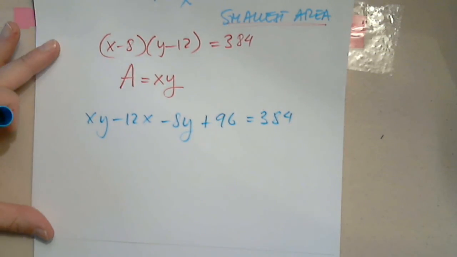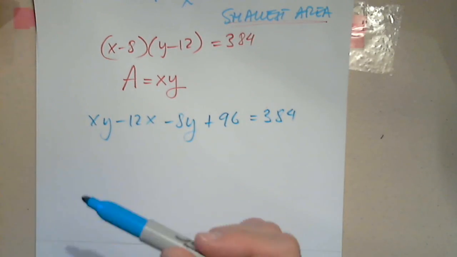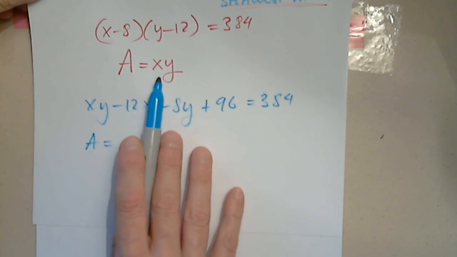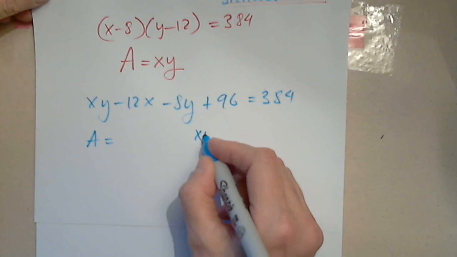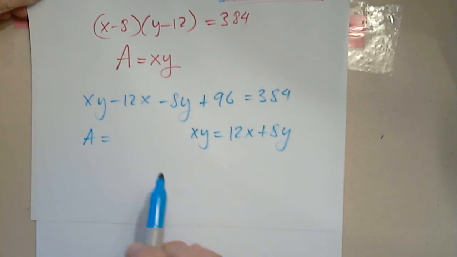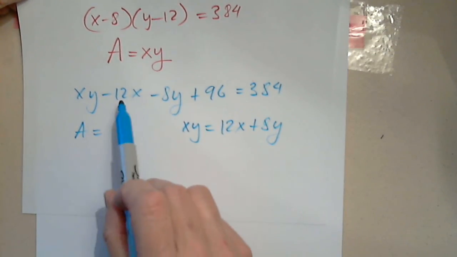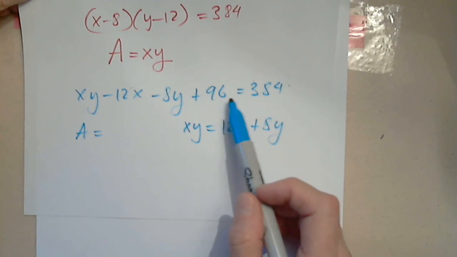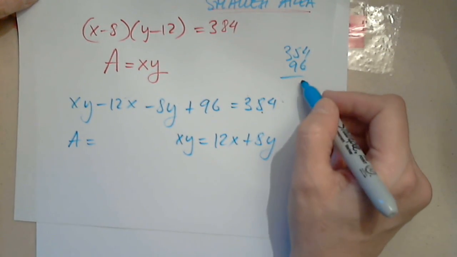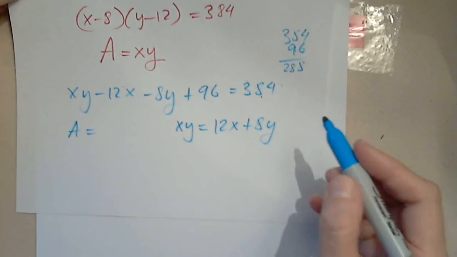And from here, let's see what we can do to get the function. So you could say, well, solve for x times y. I could. So x times y equals 12x plus 8y, and I moved these two to the other side, and I subtract 96. So 384 minus 96 is it 288?